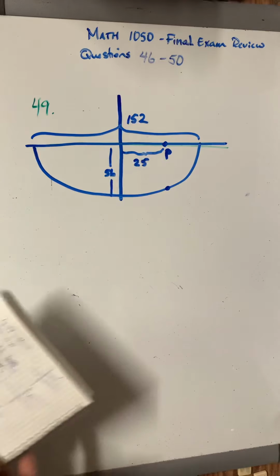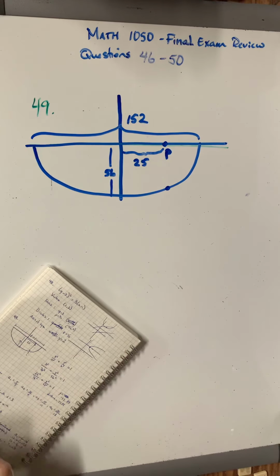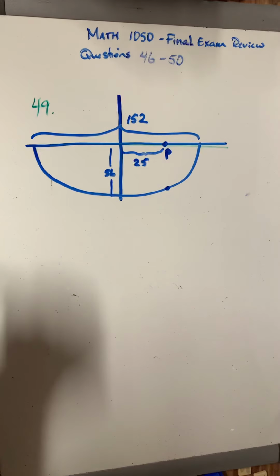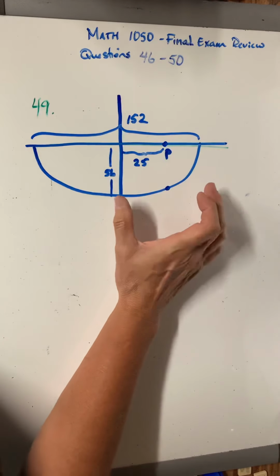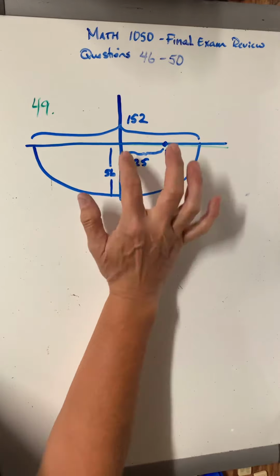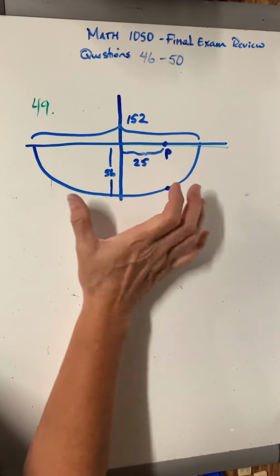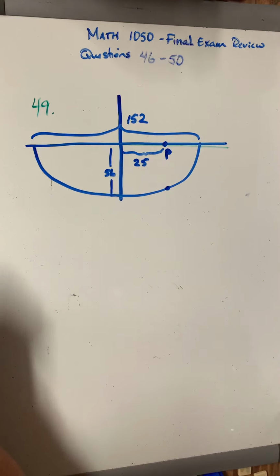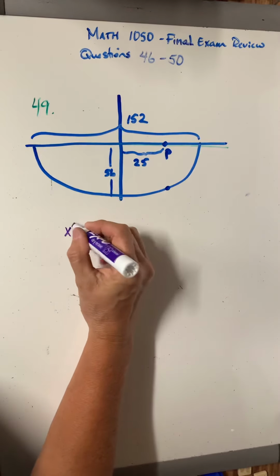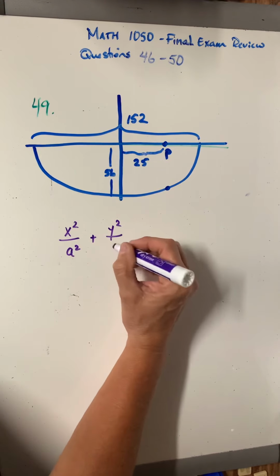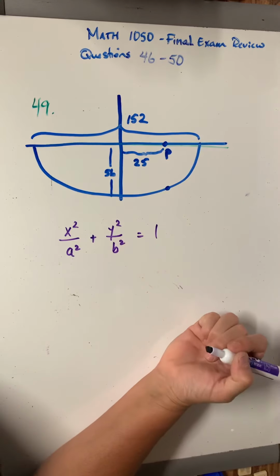Okay. So when you have an ellipse as a picture, then you're going to use the ellipse equation. And by the way, if you have the option, they didn't tell me where this was oriented on the graph, so I'm just orienting it at 0, 0 for the center, because that makes everything easier. So the equation for an ellipse is x squared over a squared plus y squared over b squared equals 1.